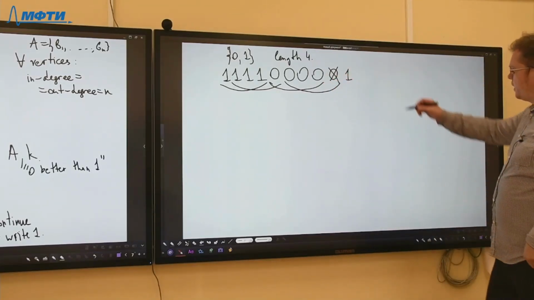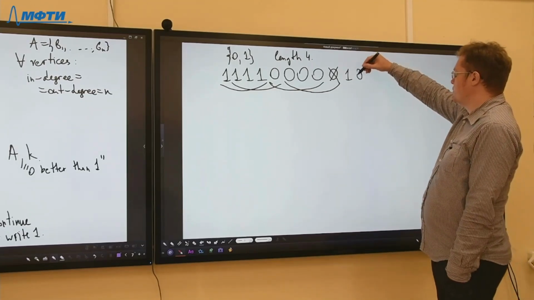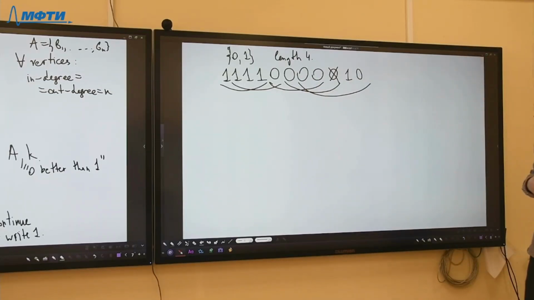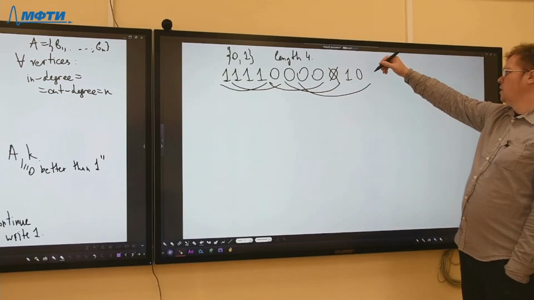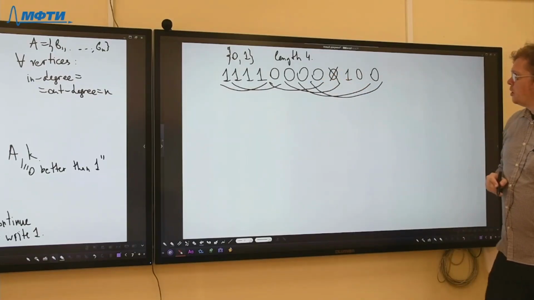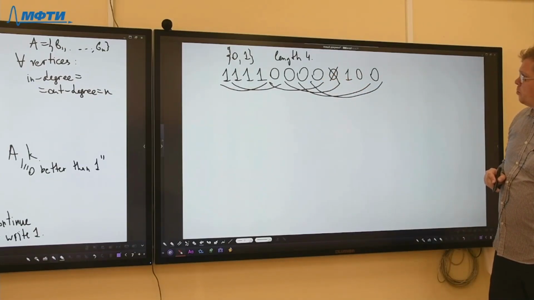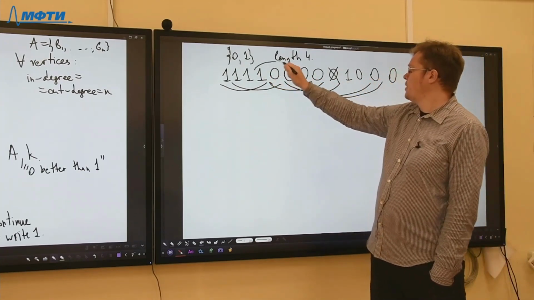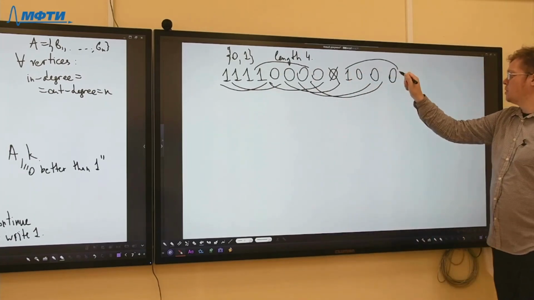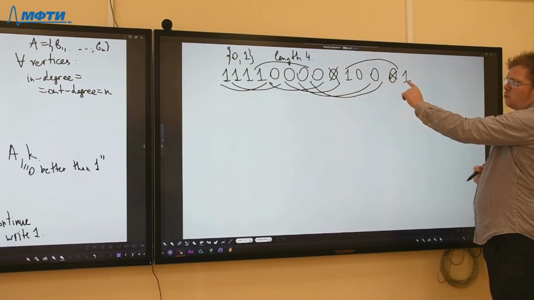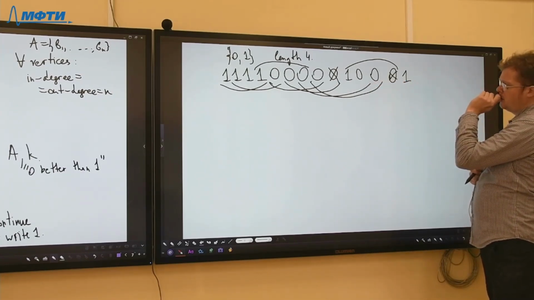Again, I just look, can I write this 0? I just need to check if I have met this sequence already. So I can write 0 here, and again I can write 0 because this sequence never occurred. But now if I wrote 0, it would be the same word as here, so I write 1. 0, 1, 0, 0, 1 never occurred in my sequence.